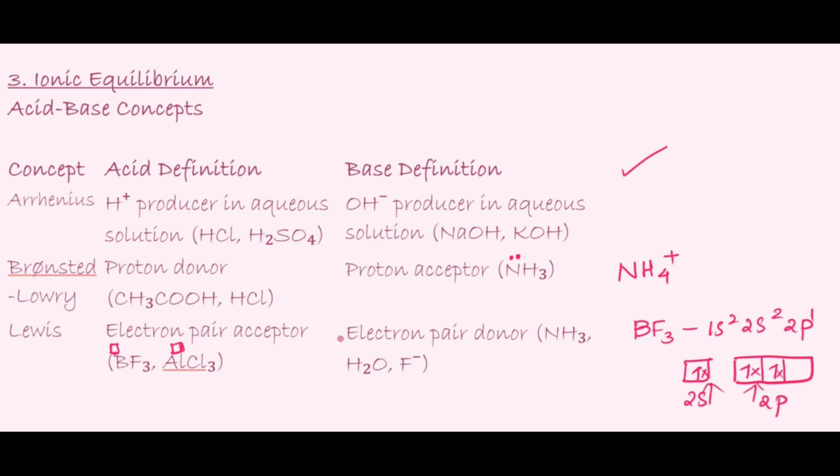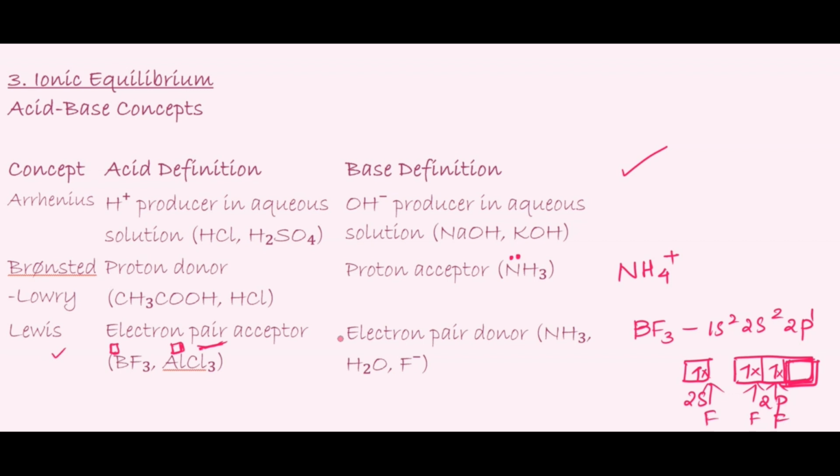This is what vacancy or valency is about. So 3 fluorines are occupied, and the remaining orbital is vacant. This vacancy can be fulfilled by an electron pair. The electron pair acceptors are acids. Similarly, you can try it out for aluminum chloride.